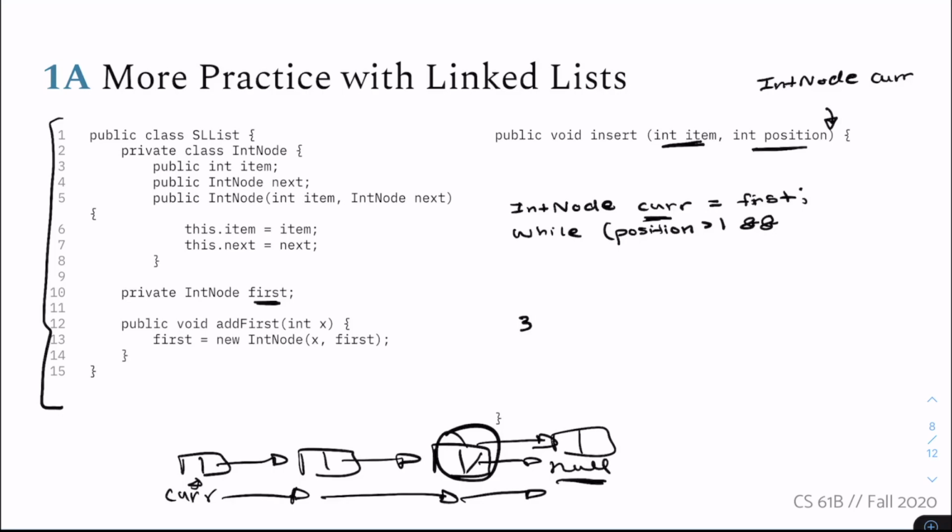So this means that we don't want to just go until cur is null. We want to go until cur.next is null. We want to go until we've reached the last element, but not go past that.